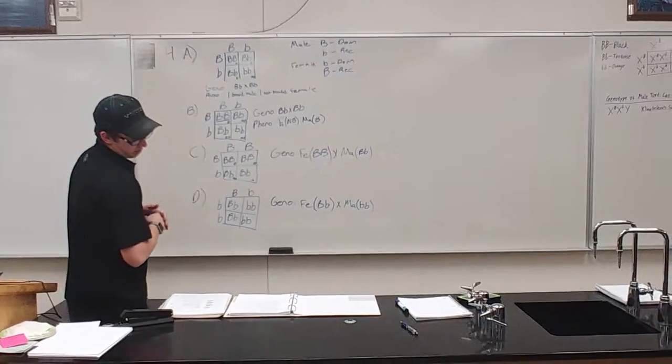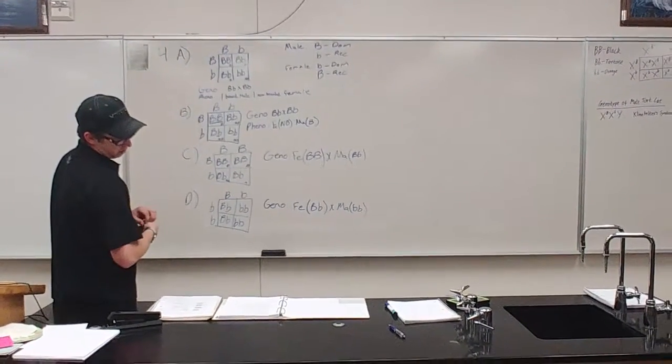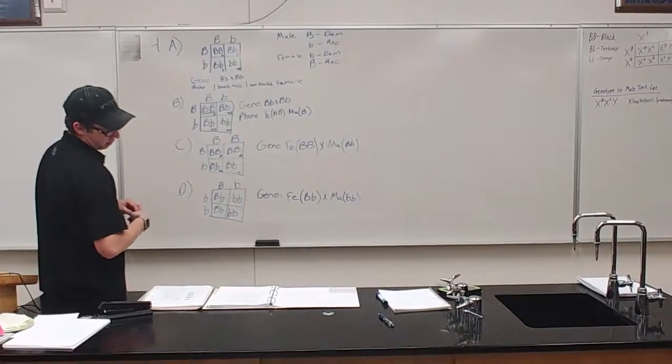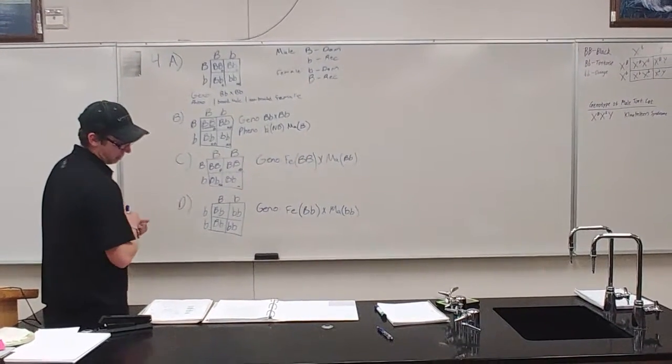For D, it talks about suppose a male and a female, both beardless, produce a 1 beard, 1 no beard ratio among male offspring.